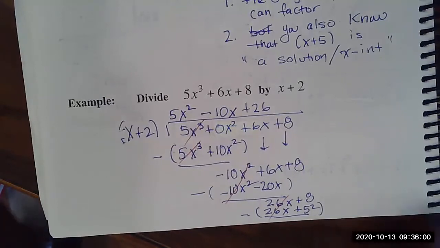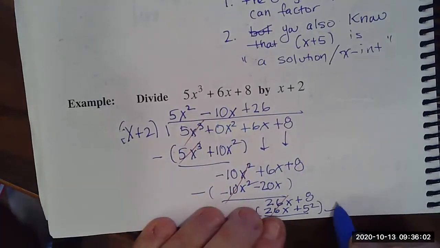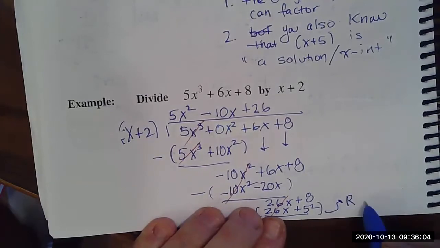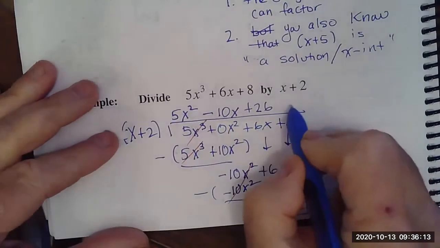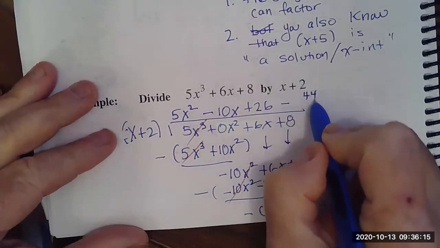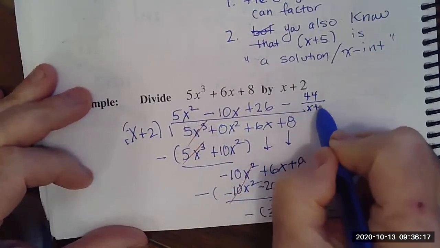And I think it's minus 44. 58 plus 40, I think that's right. So then you go subtract 44 all over x plus 2.